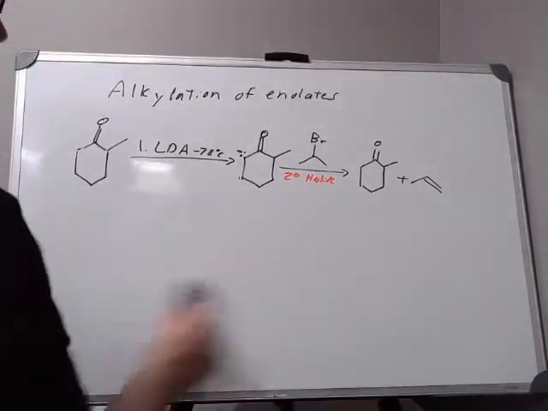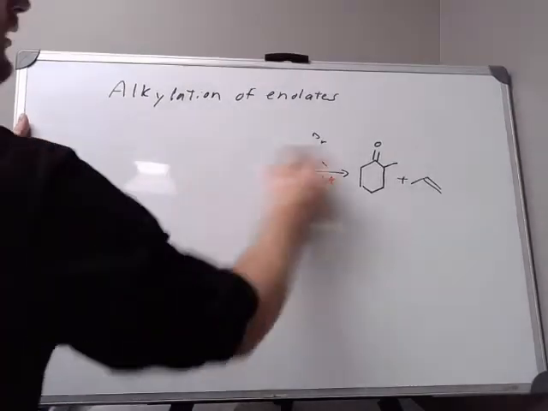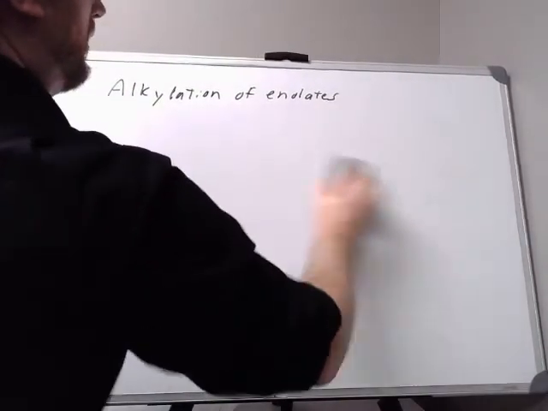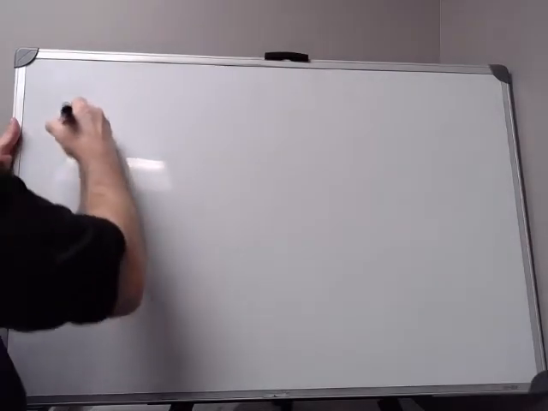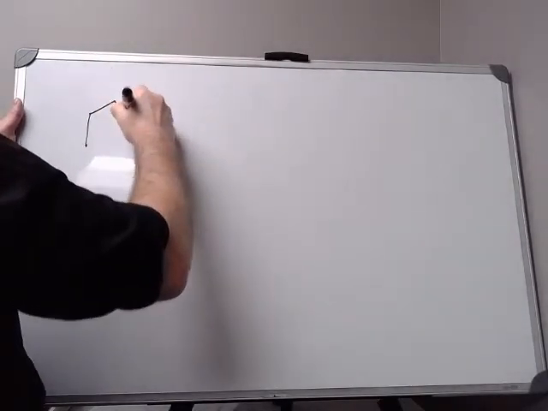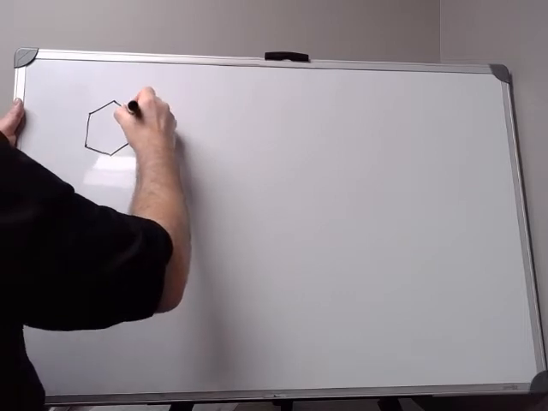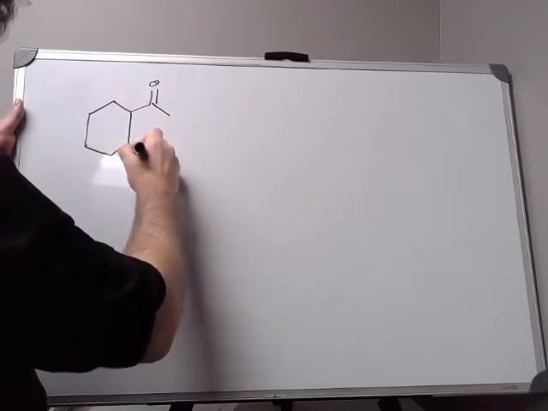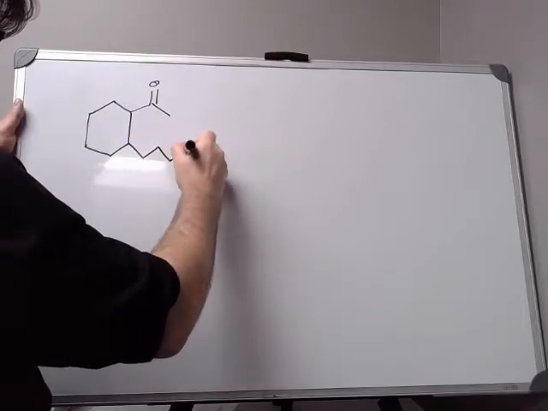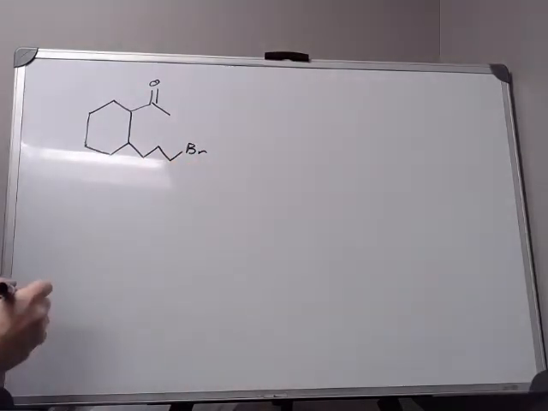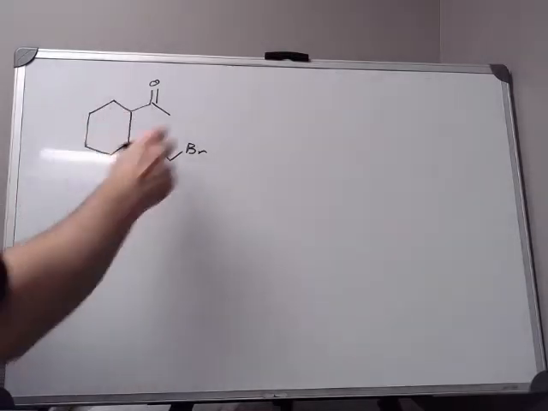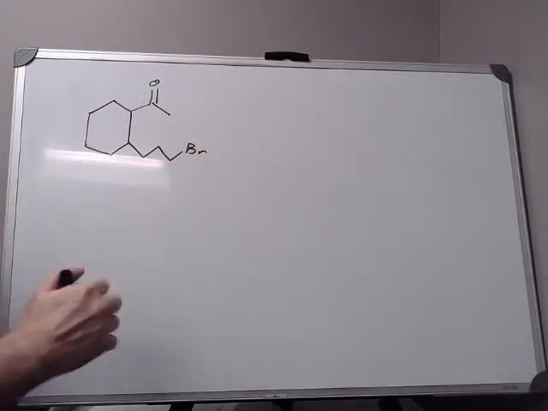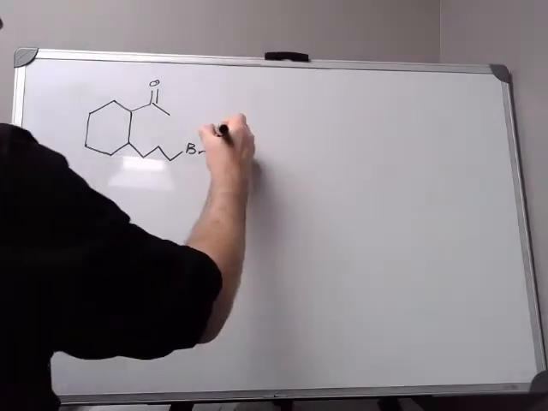We can use this to form rings. Let's say we have an intramolecular alkylation reaction. And so if we use this ketone, again, we can get two different products depending on what base we use.